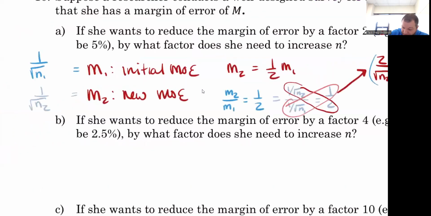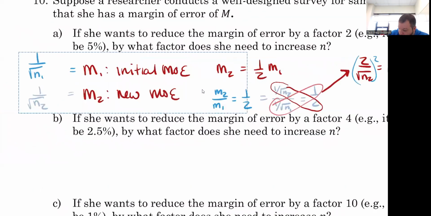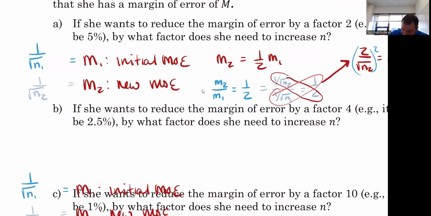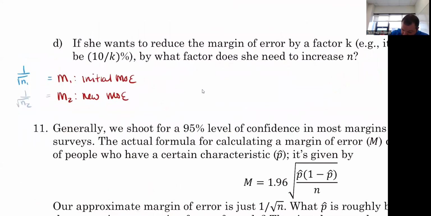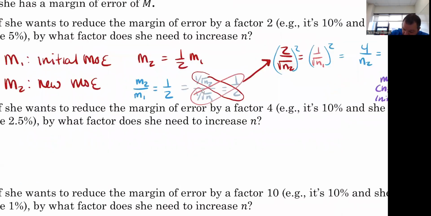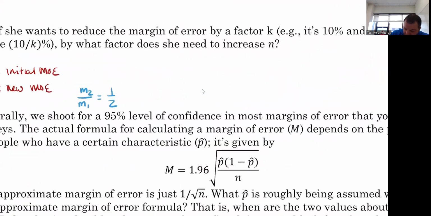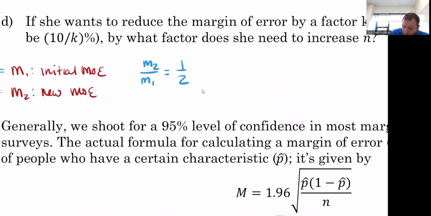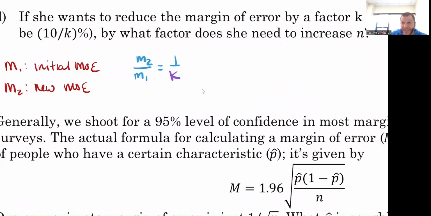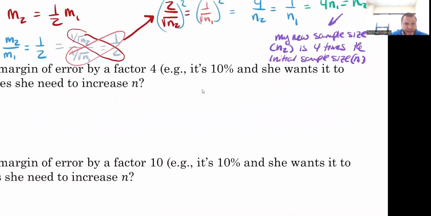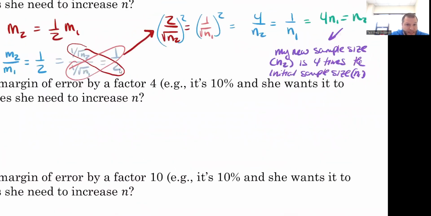If I looked at D, we're going to get a very, very similar argument. In fact, I could take everything that I've done here and duplicate it because it's the same idea. Instead of having M2 over M1 equal 1 over 2, now M2 over M1 is going to be 1 over some value K. We would get a pretty analogous argument; everything we would do is just replaced by a K. I could do that whole cross multiplying thing.